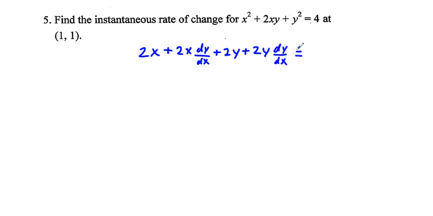And lastly, we have the equals 4, and the derivative of a constant is 0. So there we have that.